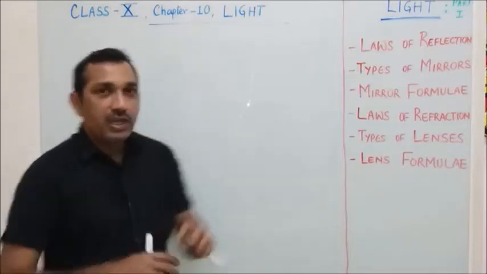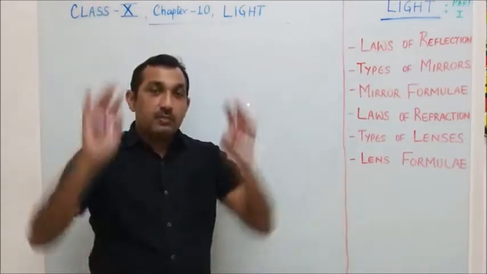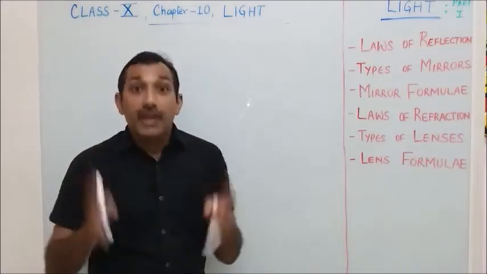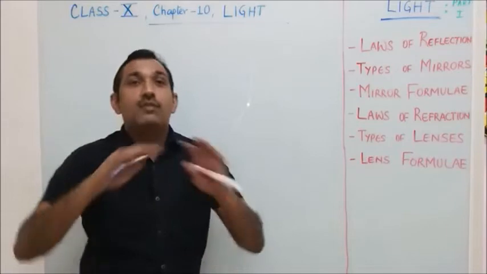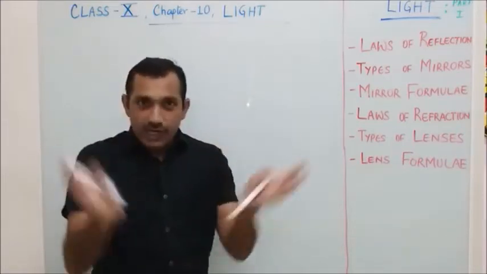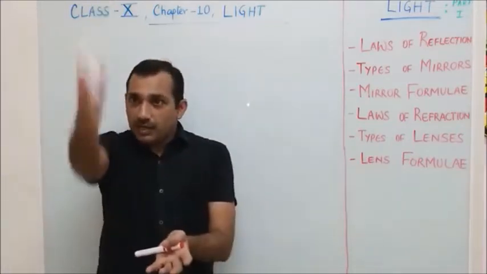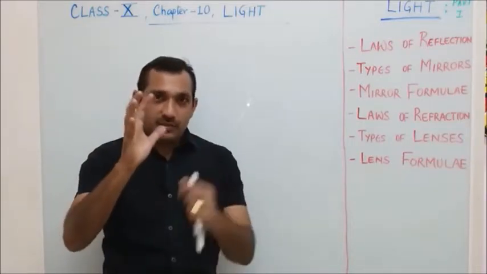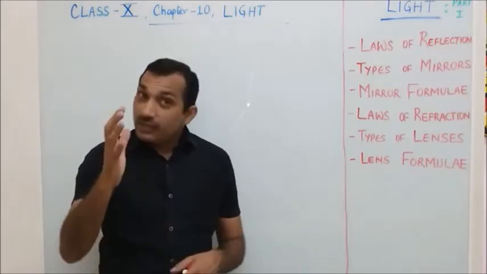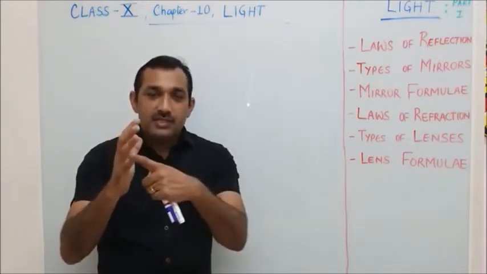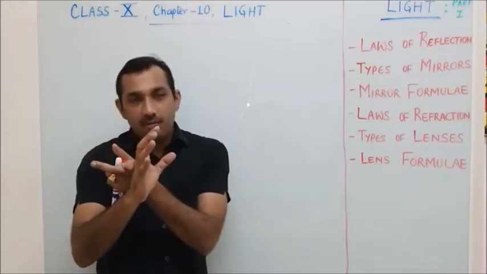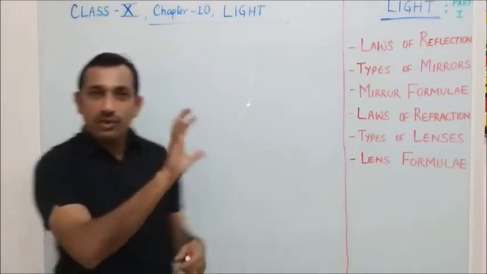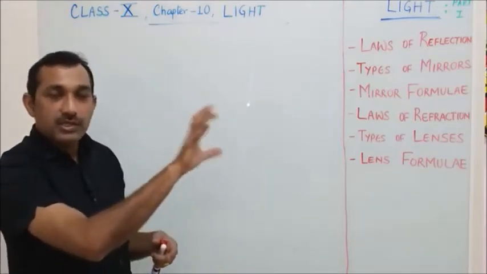Please don't get confused by a circle. A circle is a planar structure. When I am saying sphere, it's looking like a football. Suppose this big is a football and I cut one portion, then I get some structure like this. In this type of structure, this side can be reflective or this side can be reflective. Normally we polish the opposite side and then use the other side to see the images.